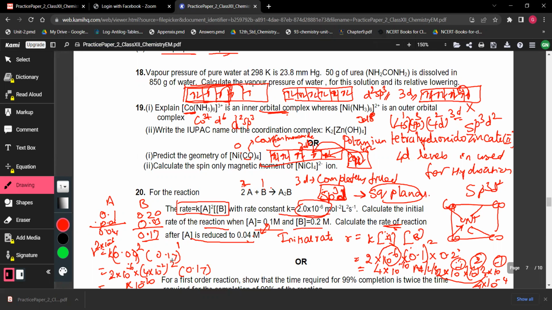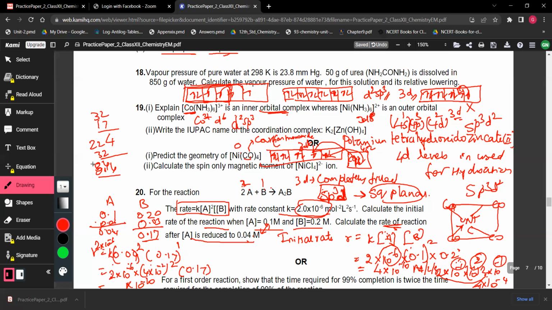2 into 4 squared. 4 squared is what? 16. 16 into 2, 32. 32 into 17 is how much? 544. Okay. We have to keep the decimal place after 2 places.